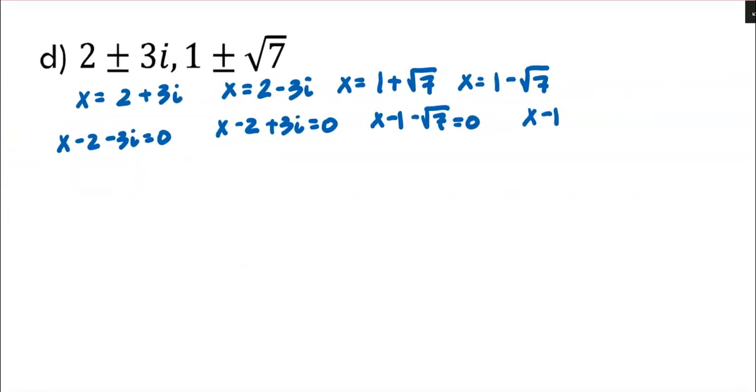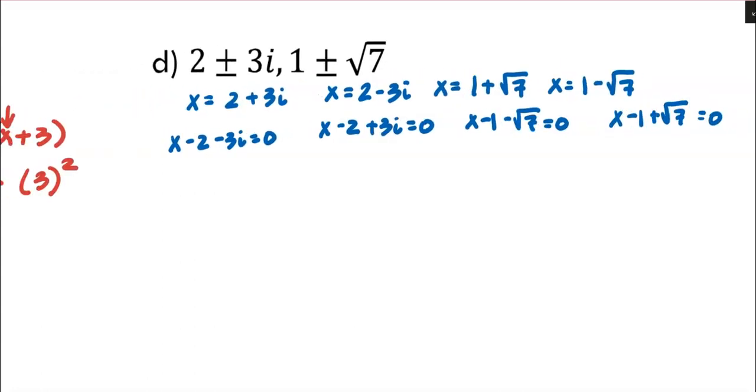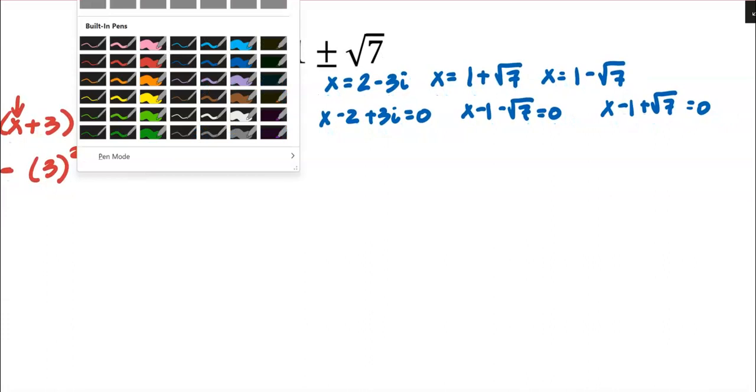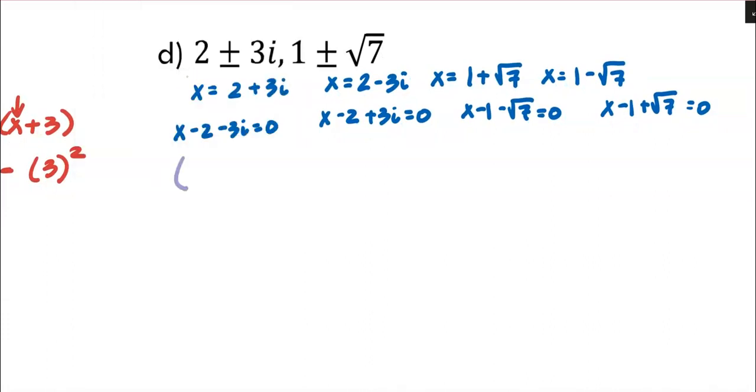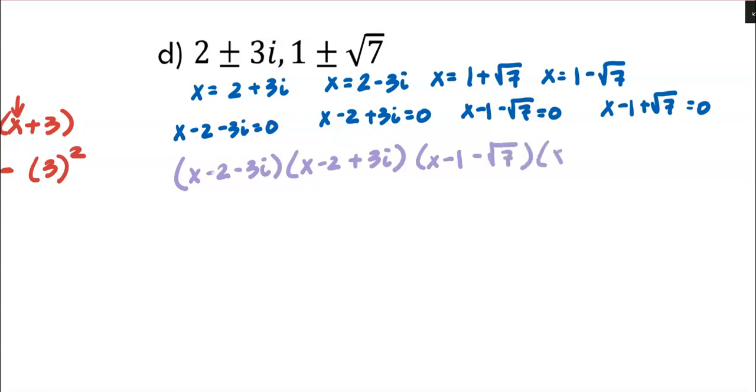And x minus 1 plus square root of 7 equals 0. Let's go ahead and combine these together. X minus 2 minus 3i. X minus 2 plus 3i. X minus 1 minus square root of 7. X minus 1 plus the square root of 7.